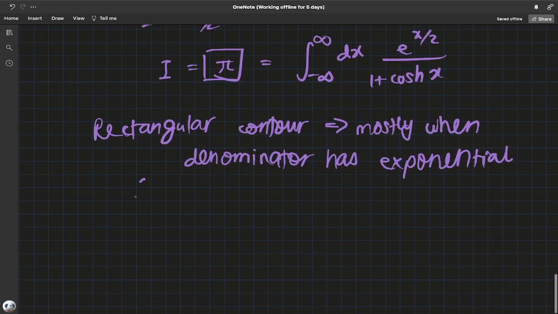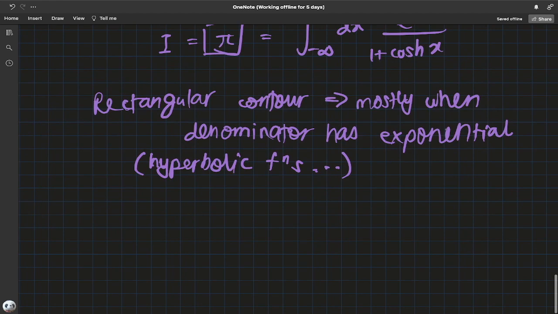The hyperbolic functions will also come in that category, because if you expand them using the definition in terms of exponentials, you will get an exponential expression in the denominator. That's why hyperbolic cosine came in this category.